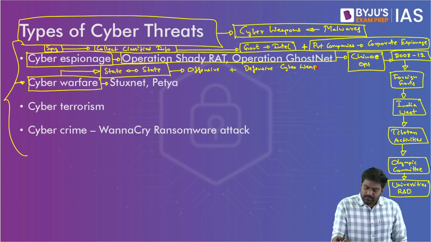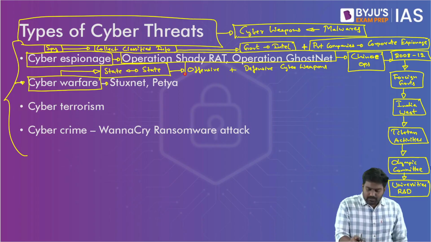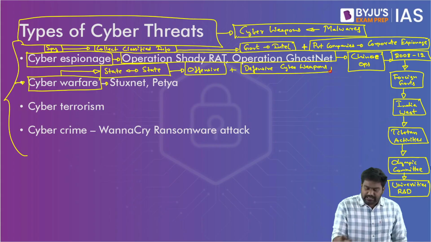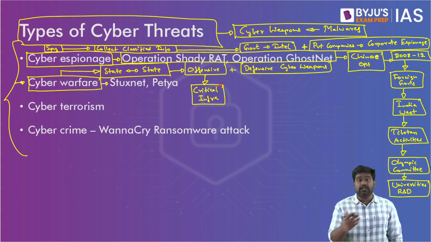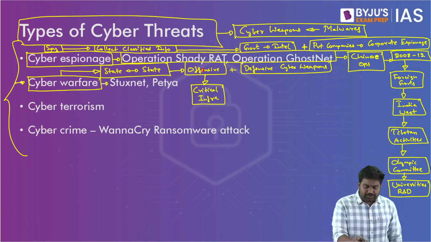All right. Through offensive cyber weapons, you can bring down the enemy's critical infrastructure without even firing a single bullet, without even going to an actual war, a physical war. You can cripple a country, bring down a country to its knees through offensive cyber operations.